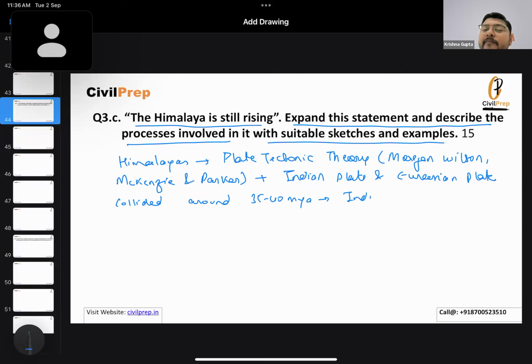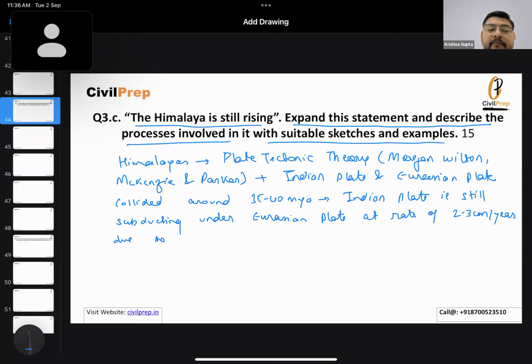And the Indian plate is still subducting under the Eurasian plate at the rate of 2 to 3 centimeters per year, due to which the Himalaya, its altitude, is still rising.